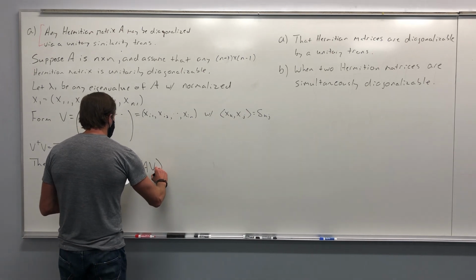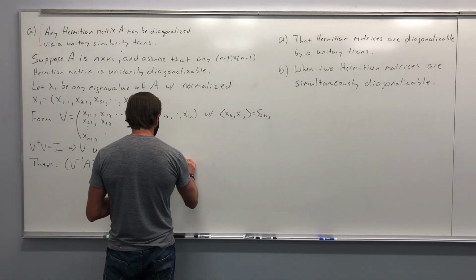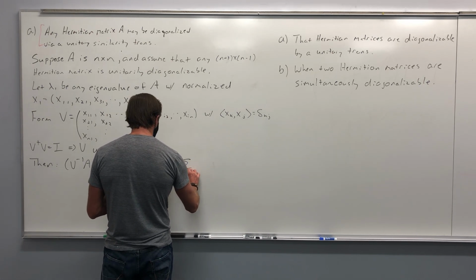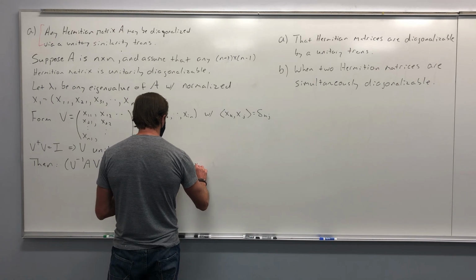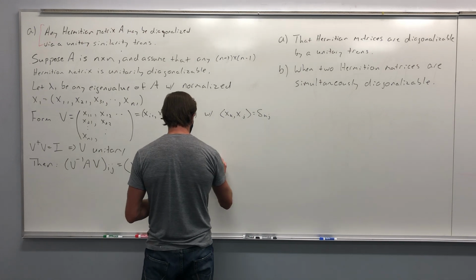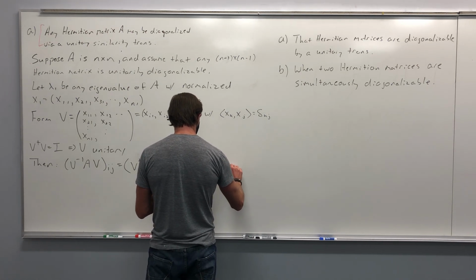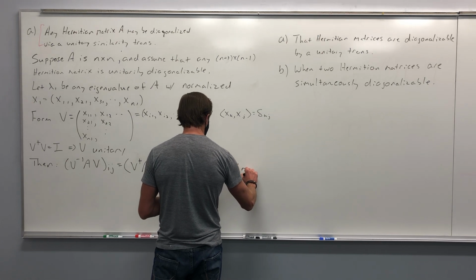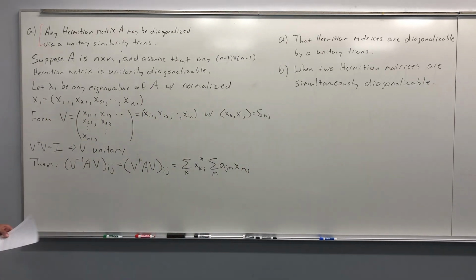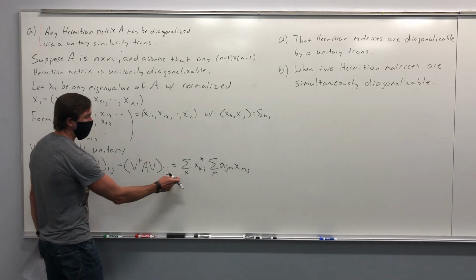So V dagger A V ij, and if I break this down into summation notation, here we have a sum over k.